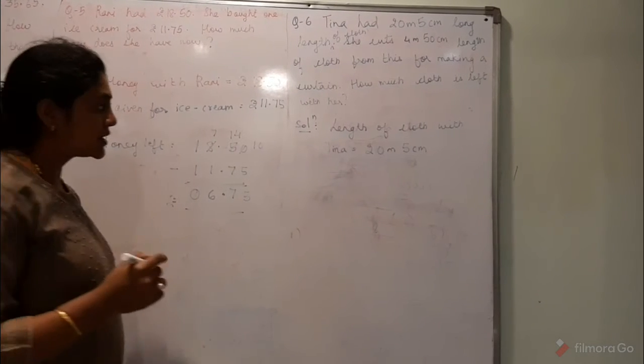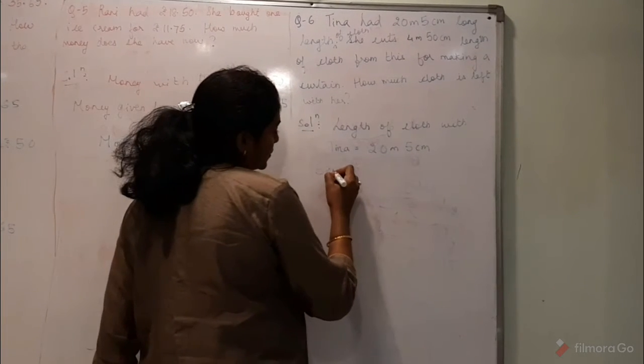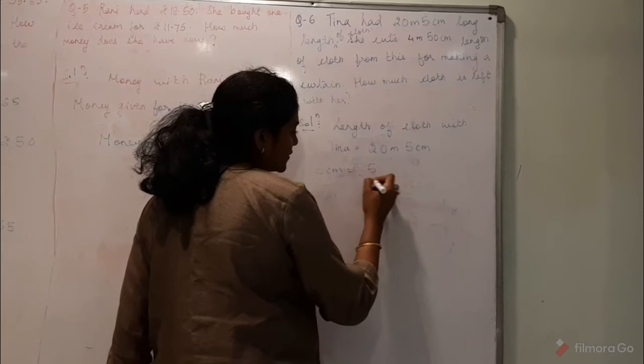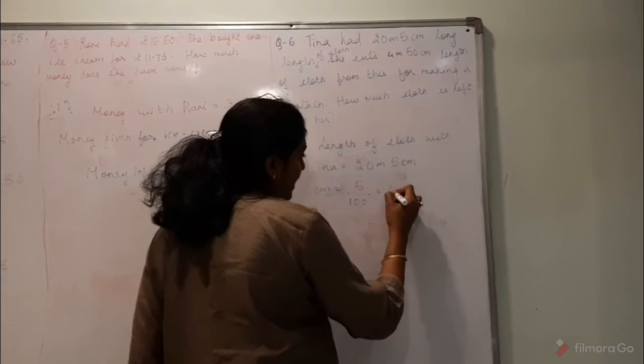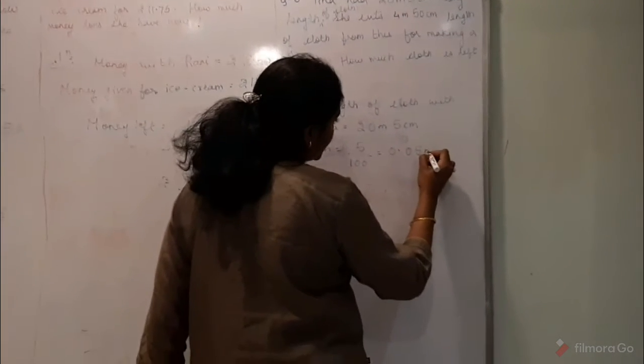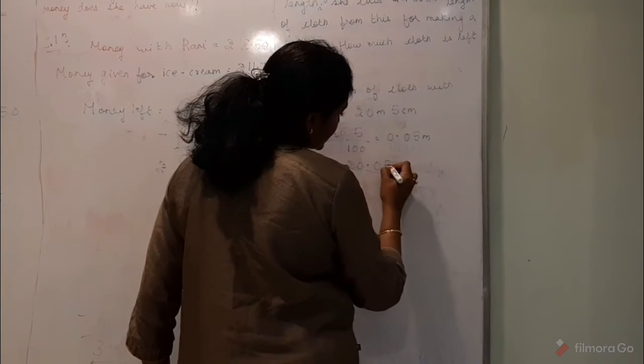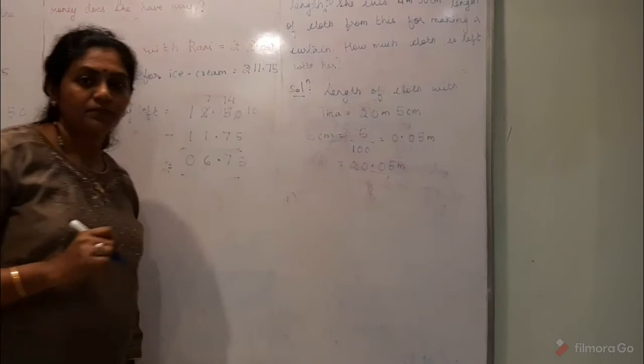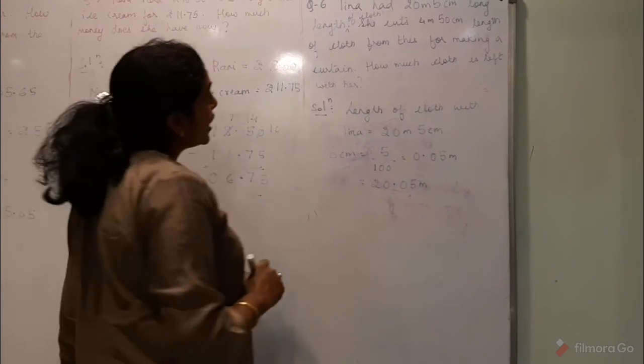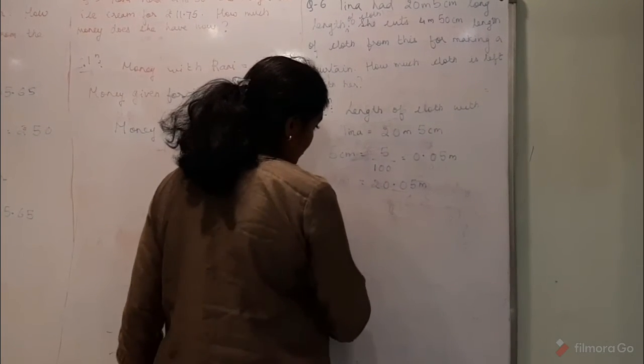Now 5 centimeter you have to convert into meter. How will you do it? 5 by 100. So that is 0.05 meter. So that is 20.05 meter. Right?